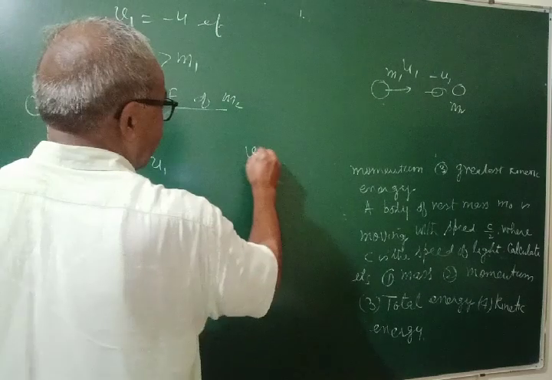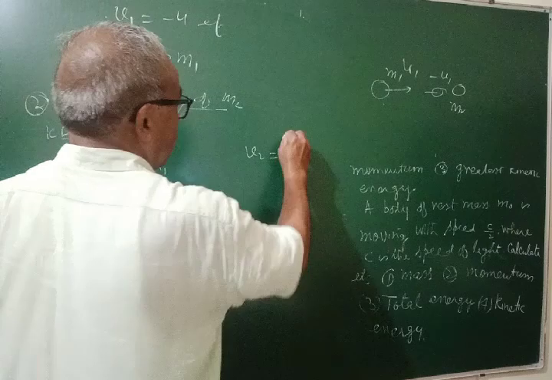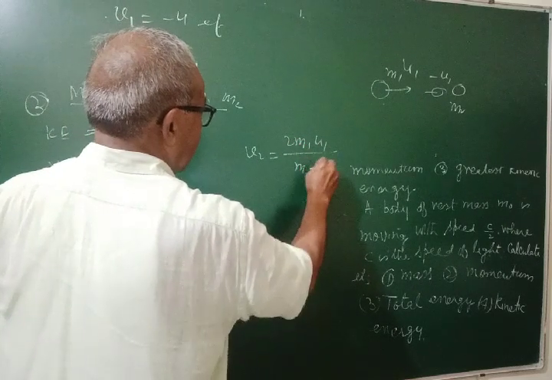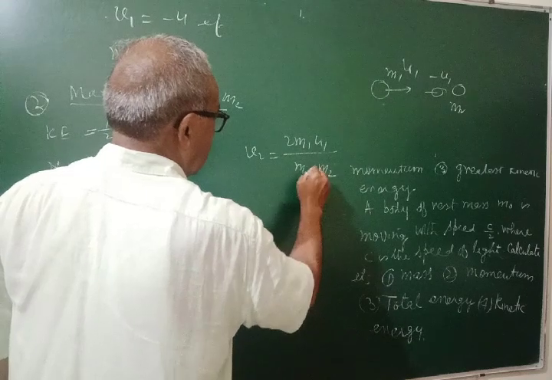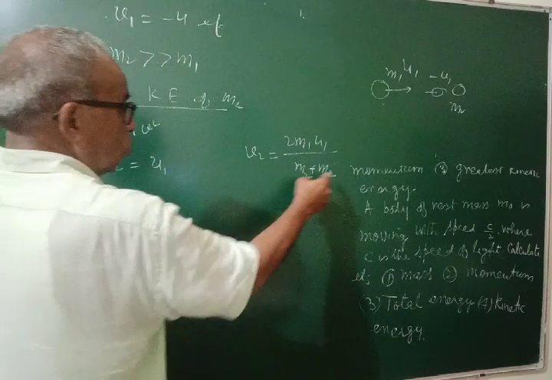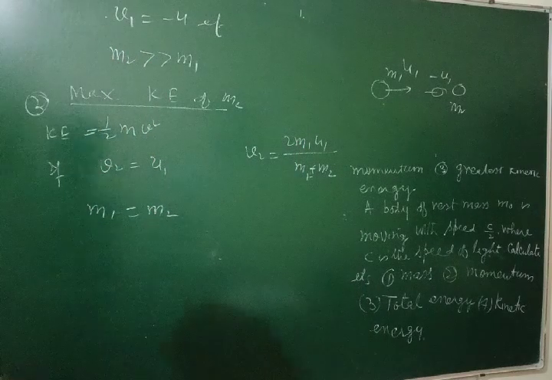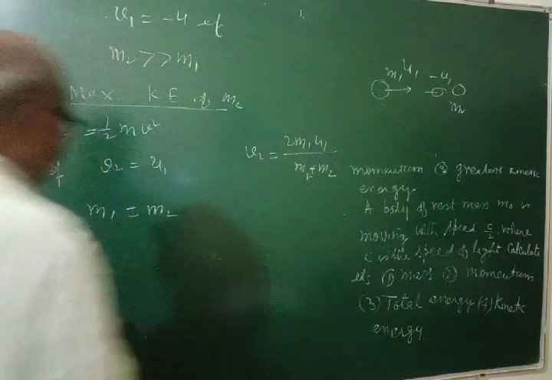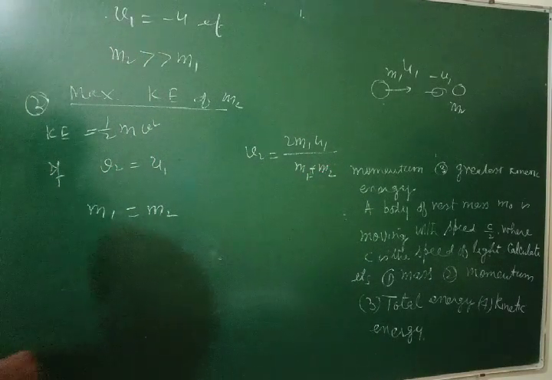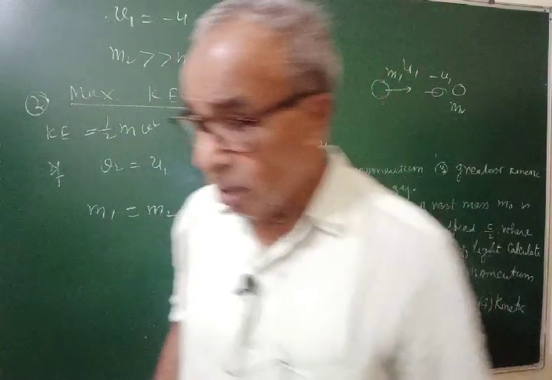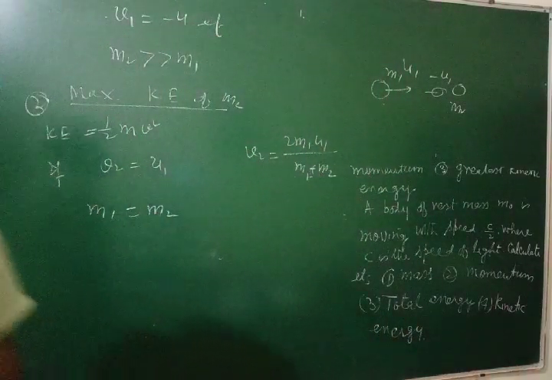Then v2 is equal to 2m1 u1 upon m1 plus m2. If m1 equals m2, it becomes 2m u1 upon 2m, so v2 becomes u1. So for maximum kinetic energy transfer, the two masses should be equal. So this is one solution.